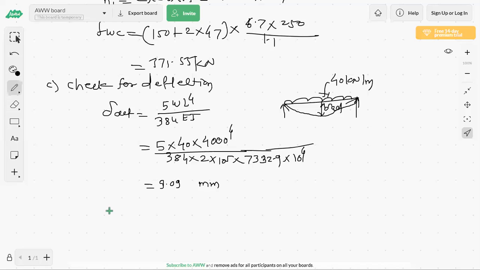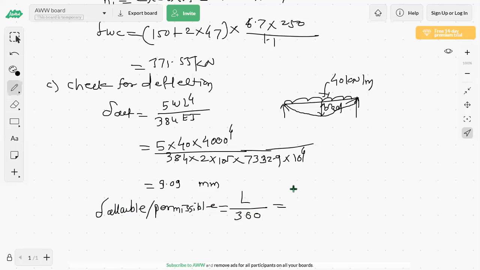So now calculate delta allowable, or we can say permissible. What is the formula for delta allowable? L divided by 300. So L is 4000 mm divided by 300. How much is the allowable deflection in mm? 13.33.